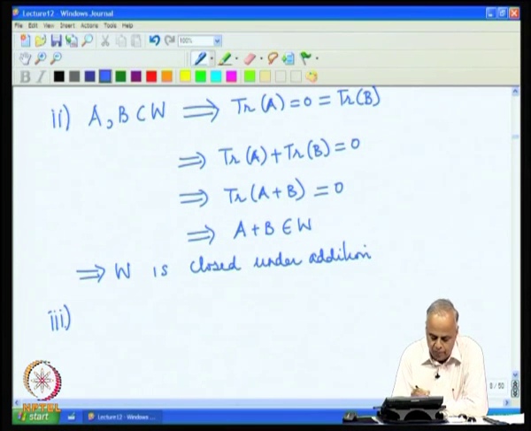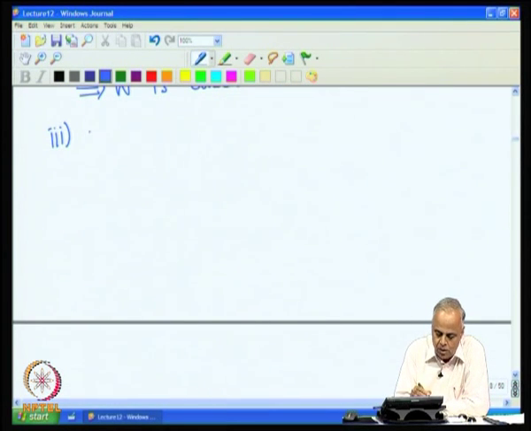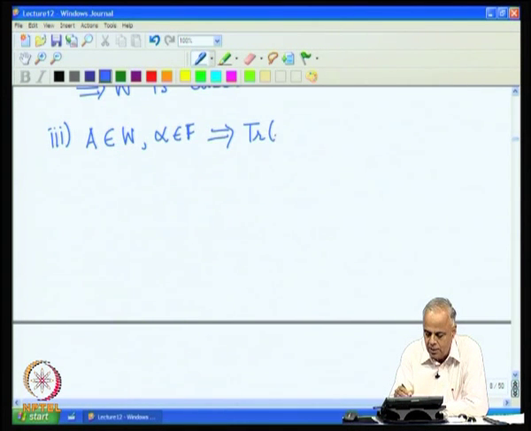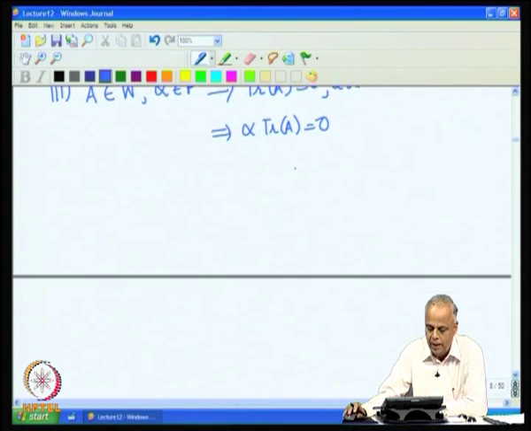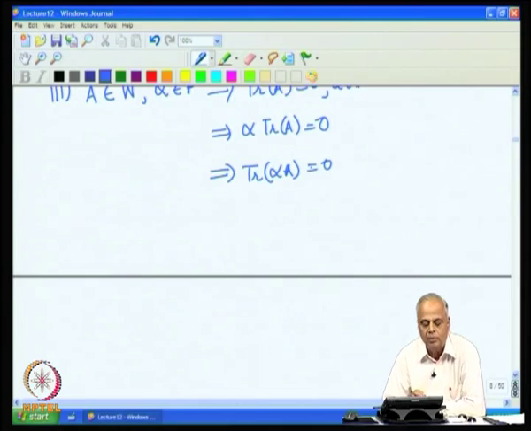The next thing that we have to verify is whether W is closed under scalar multiplication. So, let us take A in W and alpha as scalar. The fact that A is in W again tells us trace of A is 0 and we have alpha in F, and therefore, alpha times trace of A will be alpha times 0, which is 0, and again we just now observed that alpha times trace of A is the same as trace of alpha times A, and therefore, that is 0.